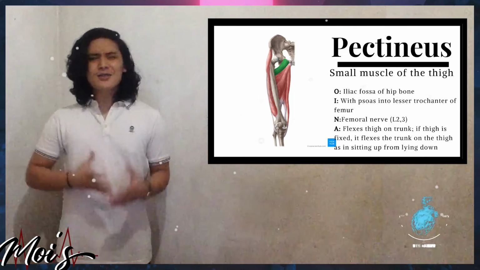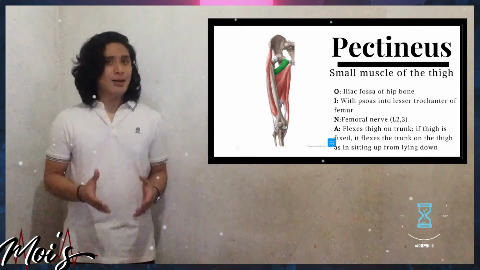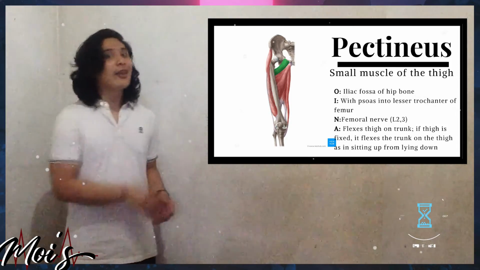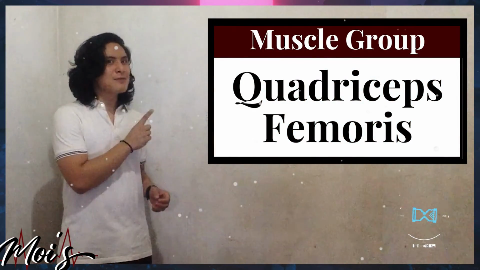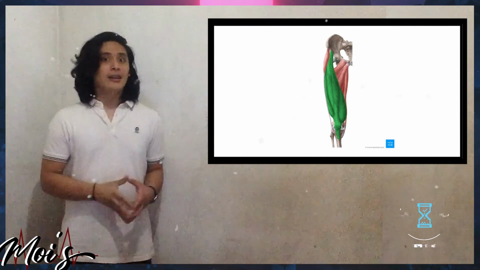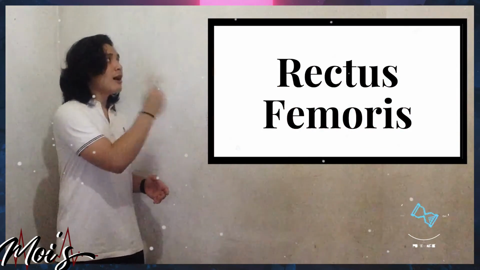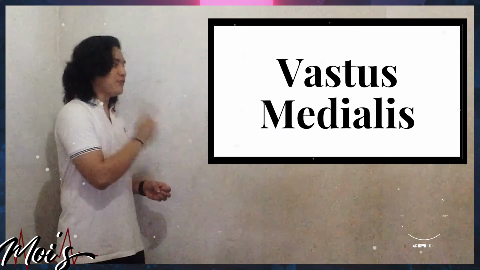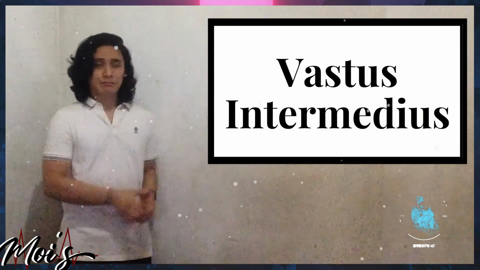So now, let's talk about the famous muscle in the anterior compartment of our thigh, the quads or the quadriceps femoris. The quadriceps femoris is composed of 4 muscles: the rectus femoris, vastus lateralis, vastus medialis, and vastus intermedius.